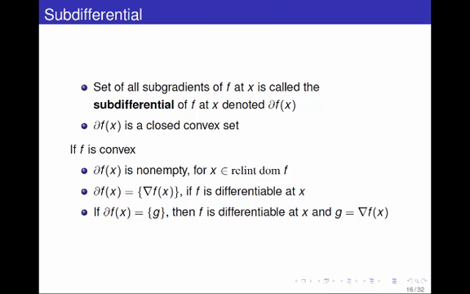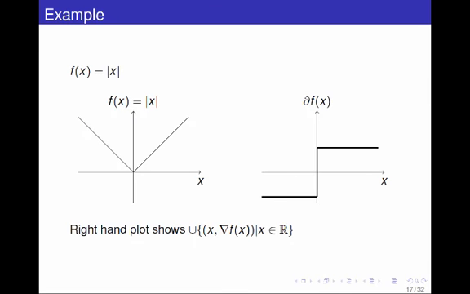This is an example of a subdifferential. So what is the subdifferential of the absolute value of x at any negative x? It's the set of all subgradients of the function at that point. Minus 1.